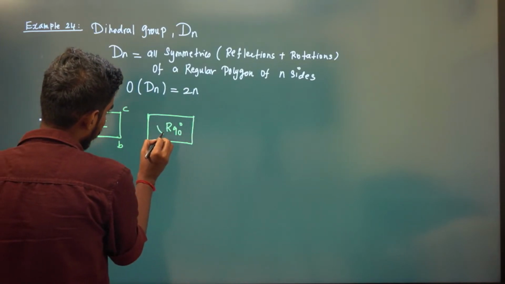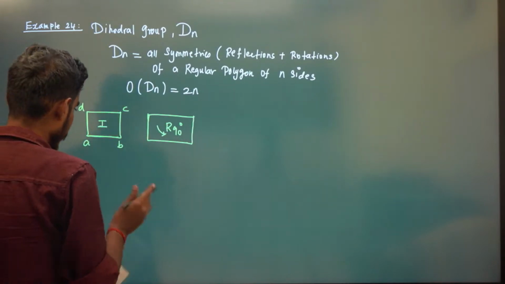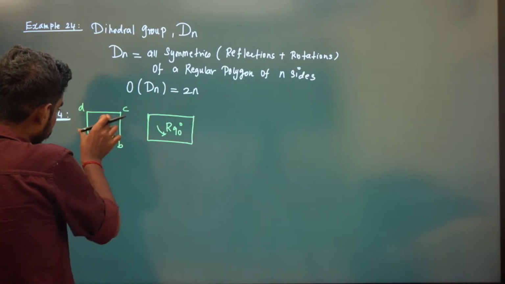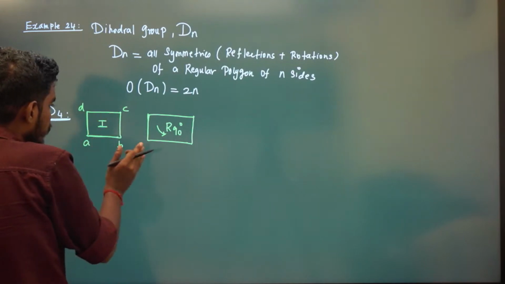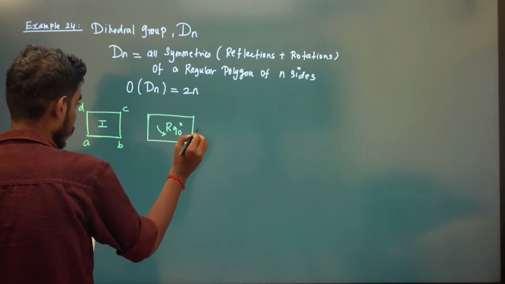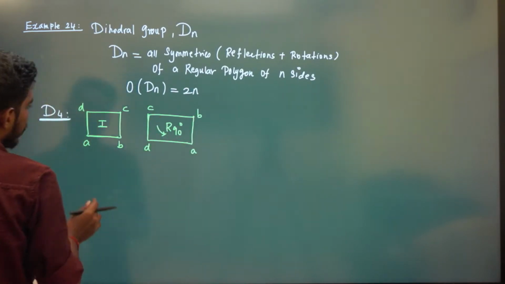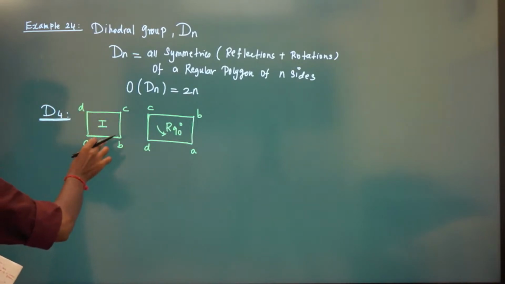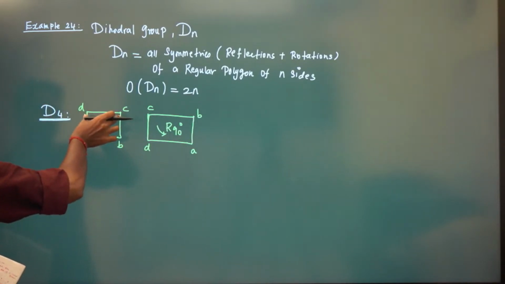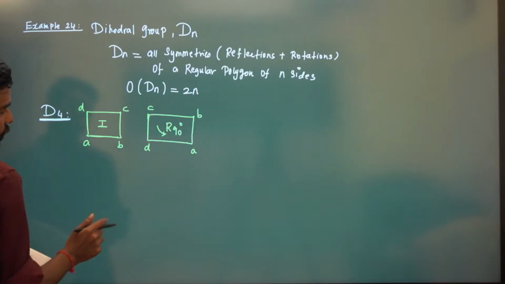Clockwise and anti-clockwise, no problem. That means if I rotate 90 degrees, one position will get shifted. So A will go here, A, B, C, D. If I rotate by 90 degrees, A will come here. Everyone will shift by one position.